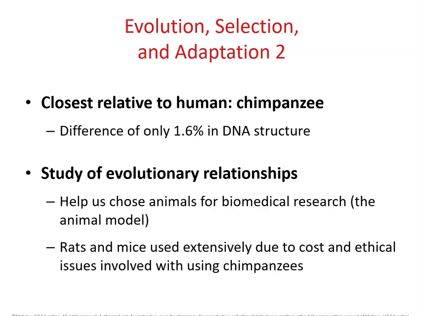We wouldn't want to choose an animal model that is vastly different from us with hugely different organ systems. A snail, for instance, would be a very poor choice for a medical research model in most cases.